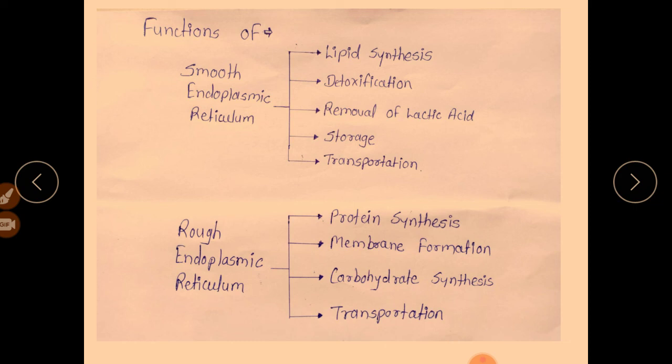Because smooth and rough endoplasmic reticulum are always attached to the nuclear membrane, they are involved in the transportation of nuclear material to another cell organelle. Okay, thank you very much.